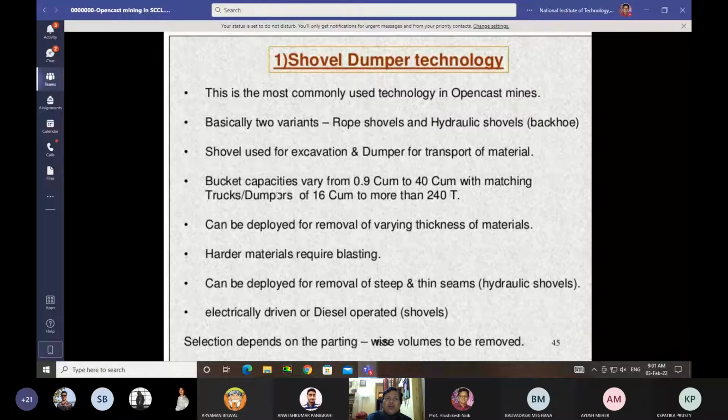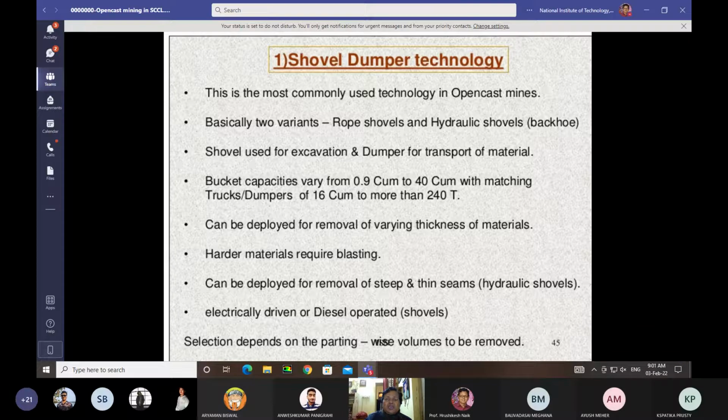The bucket capacities of the shovel vary from 0.9 cubic meter to 40 cubic meter, with matching size of trucks and dumpers. The dumper size varies from 16 cubic meter to more than 240-ton capacity dumpers, which are also available in the market.